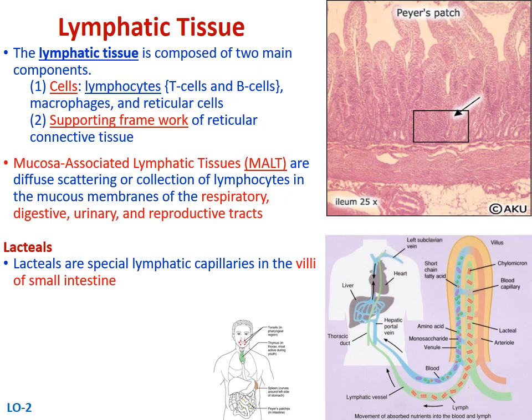This is one villus, and in the center of the villus, this green color structure is the lymphatic vessel. It has a capillary end, it is blind ended, and not connected to anything else.